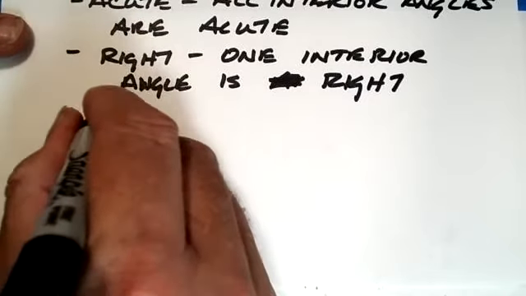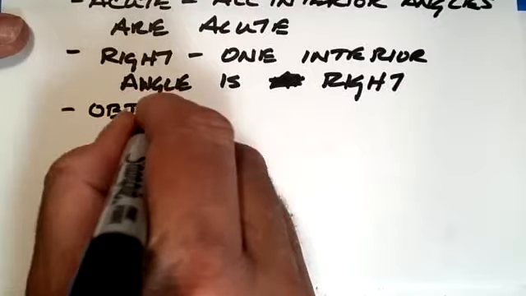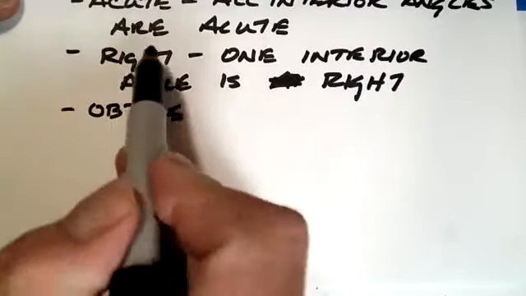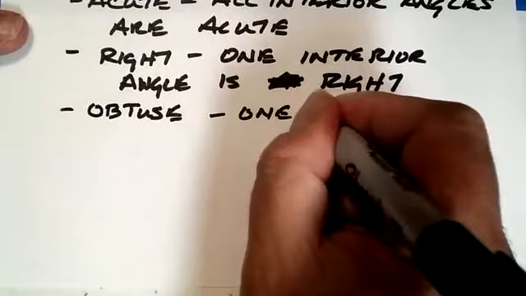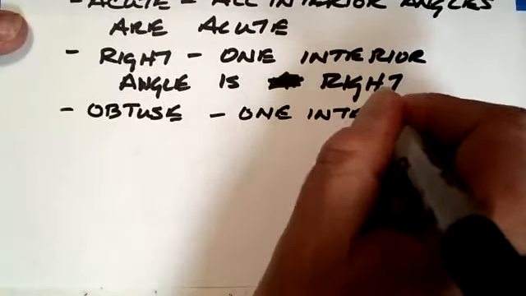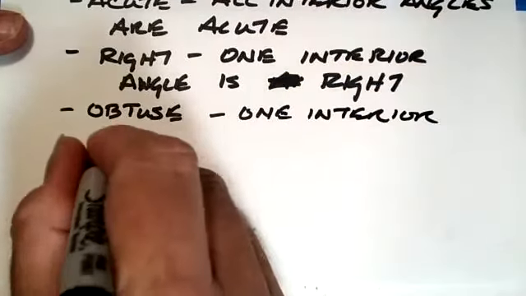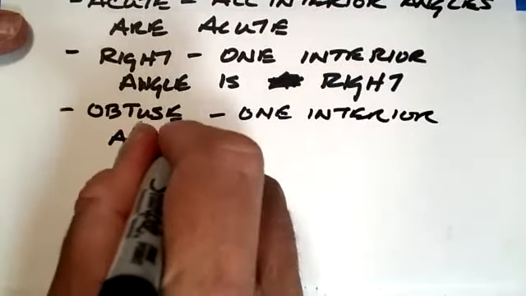Finally, we have what's called obtuse, and these terms are used like an acute triangle, a right triangle, an obtuse triangle. One interior angle is obtuse.